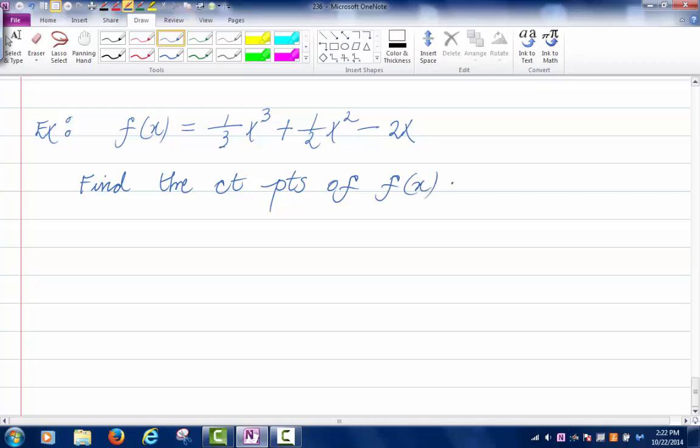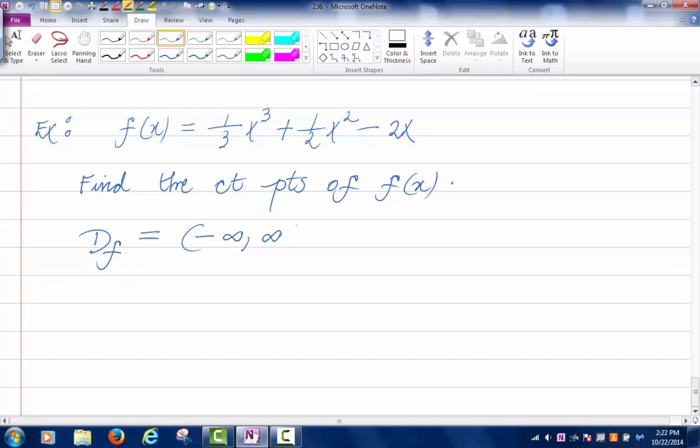So remember, what is a critical point? These are the points in the domain of f where the derivative either vanishes or doesn't exist, right? Now, the first thing you want to do is find out what's the domain of f. What's the domain of f?